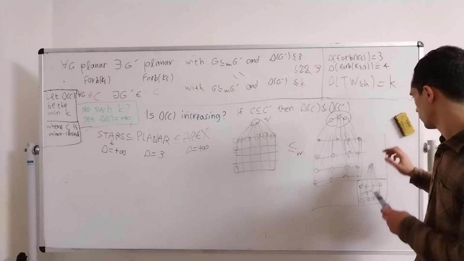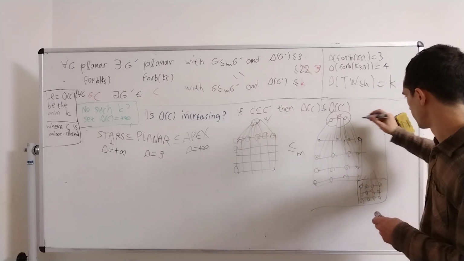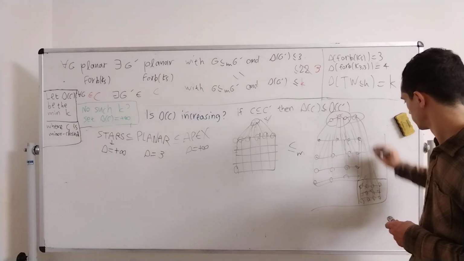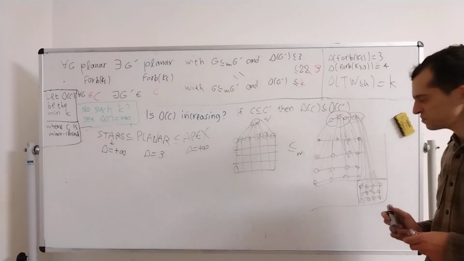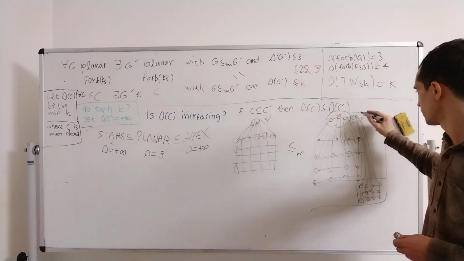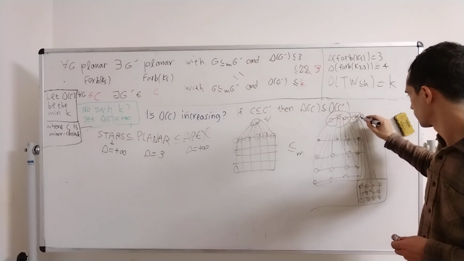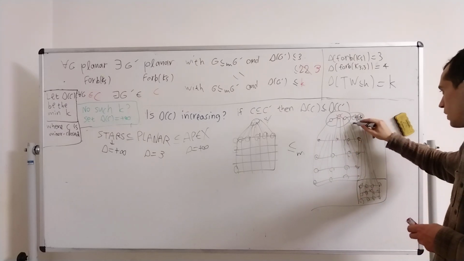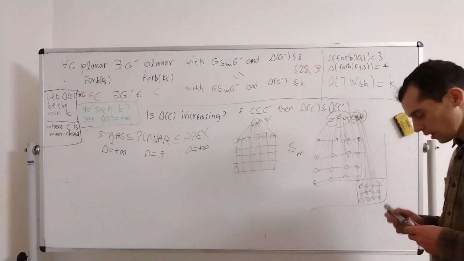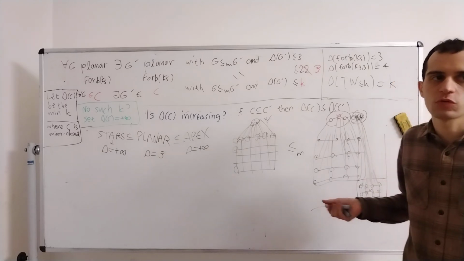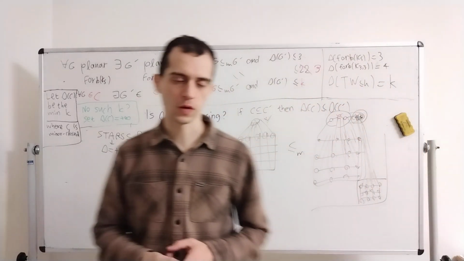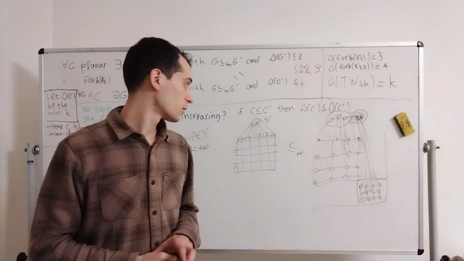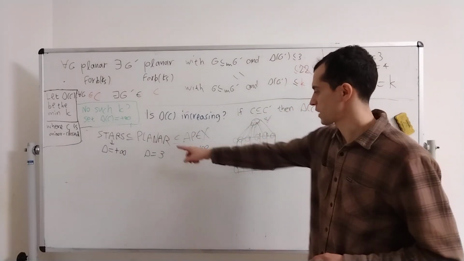And maybe we can contract this guy as well into a single vertex. And the reason it couldn't be planar is because there are many ways to see it. You can find the K5 minor in it, you can use Jordan's curve theorem. So, this doesn't hold.